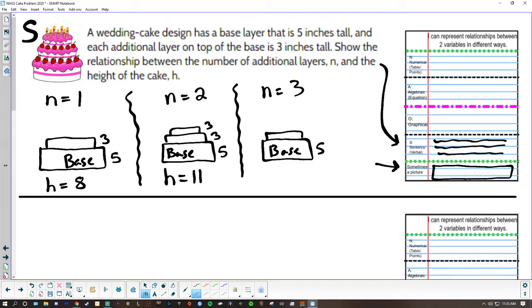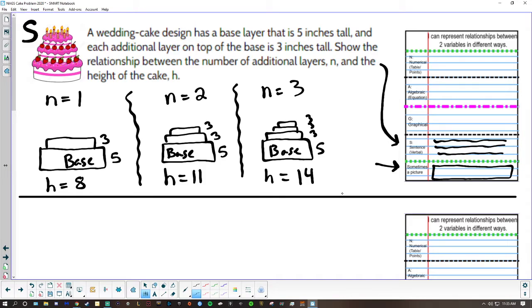So 1, 2, 3 additional layers, each of which are 3 inches tall. If my base is 5 and I have 3 3-inch additional layers, that means my total height is going to be 14. 5 plus 3 plus 3 plus 3: 5, 6, 7, 8, 9, 10, 11, 12, 13, 14. I have a height of 14.